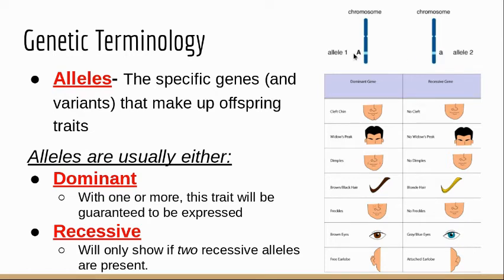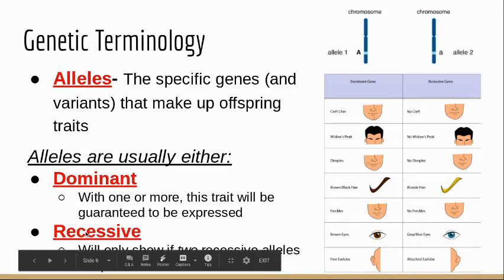When you have a dominant allele, that is going to dominate over any other allele. For example, if we're looking at dimples, it's a dominant trait. So if you have a dominant allele, you'll have dimples because it'll mask everything else. If you have one or more dominant alleles, you will definitely see that dominant trait.